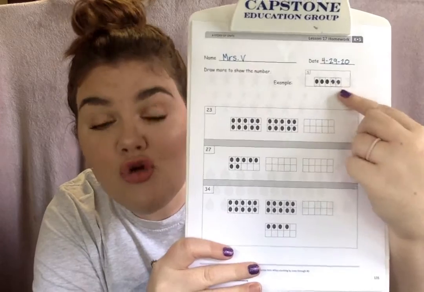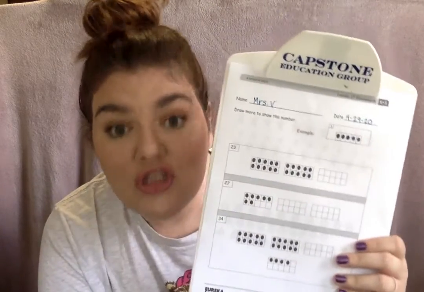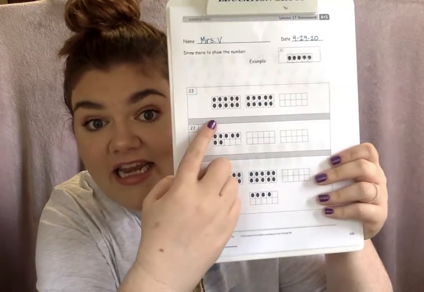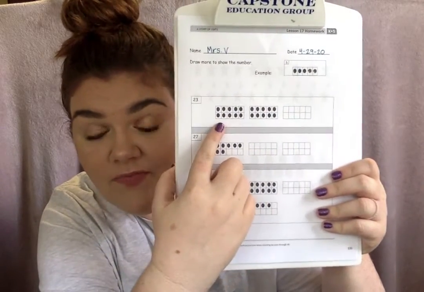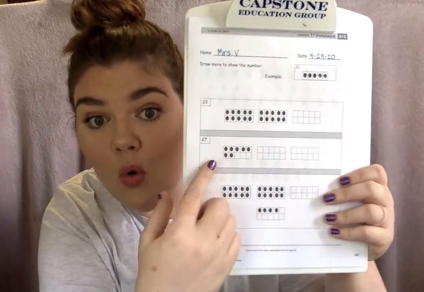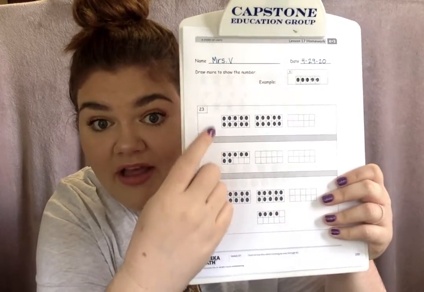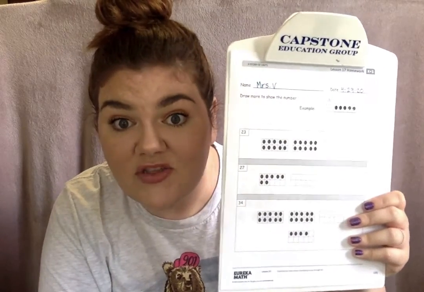You need 2 more, right? 2 and 3 make 5. So we need to look at our 10 frames and figure out what ones or tens we need to make the number that it has in the square right there.